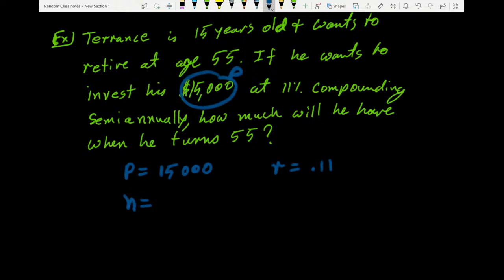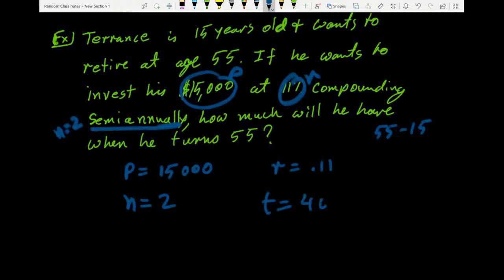N is the tricky one. Remember, it compounds semi-annually, so N equals 2. All right. What about time? We've got to figure out from 15 to 55. How many years is that? 40 years, right? So 40 years.